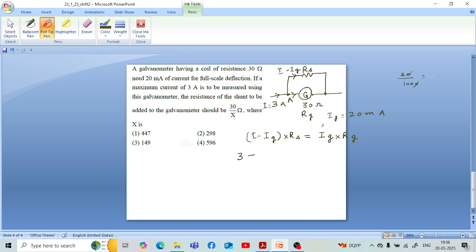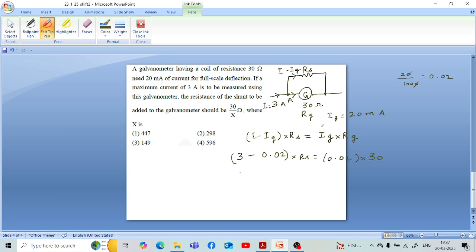So this becomes 0.02 amperes, into Rs, which we have to calculate. So (I minus Ig) times Rs equals Ig, which is 0.02 ampere, multiplied by Rg. The value of Rg is given as 30.